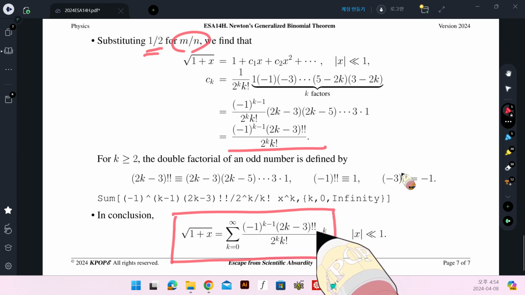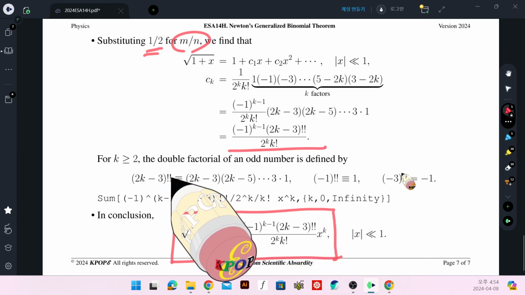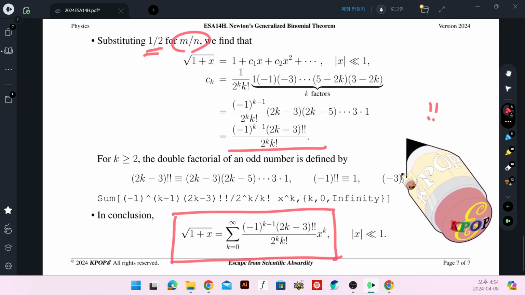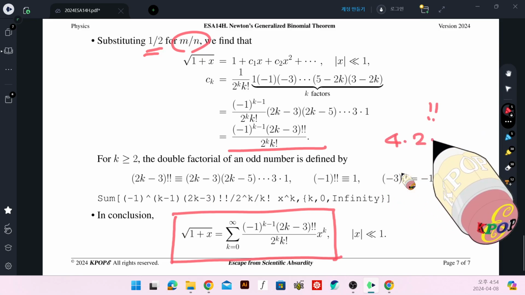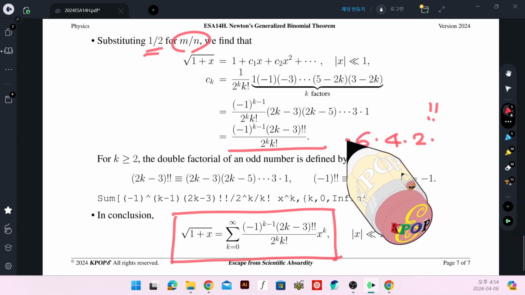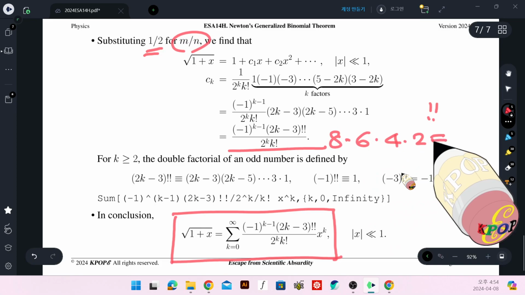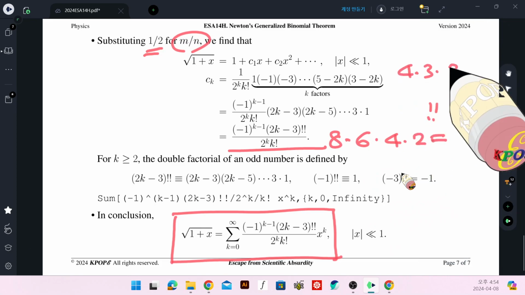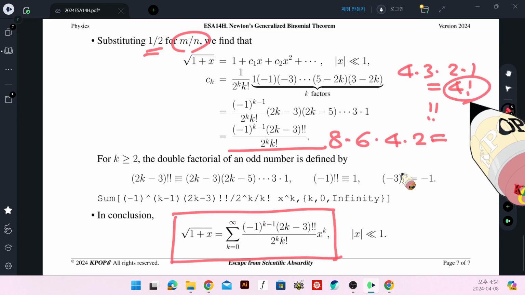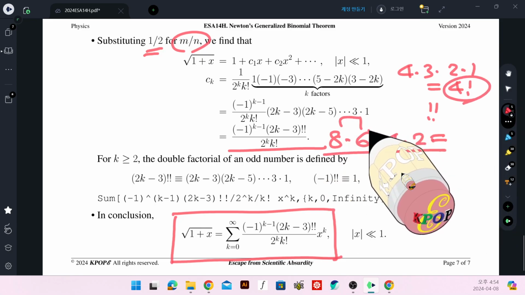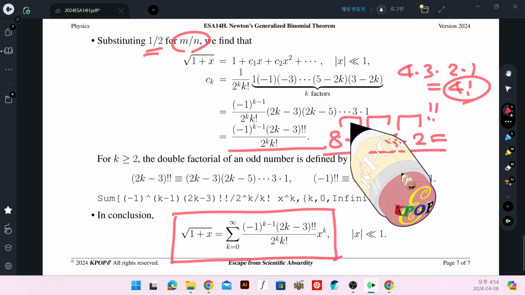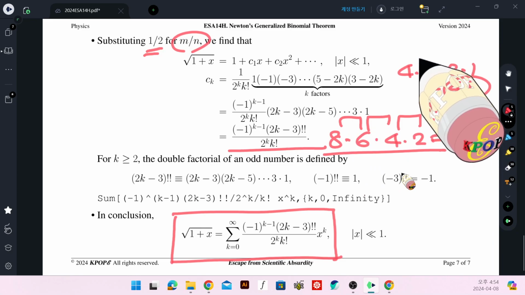And we have a strange notation that is called a double factorial. That means 4, 2, or 6, 4, 2, or 8, 6, 4, 2. Compare 4, 3, 2, 1, which we say is 4 factorial. Here the factor decreases by 2 instead of 1.